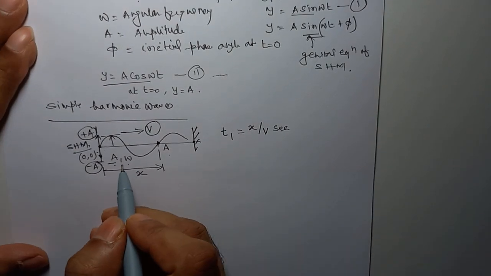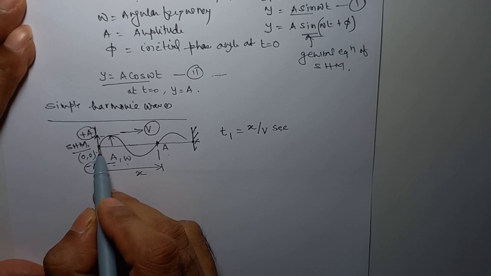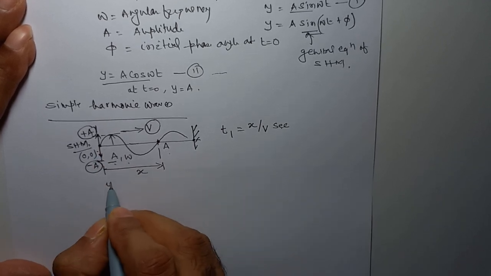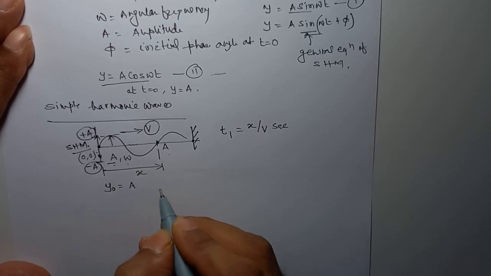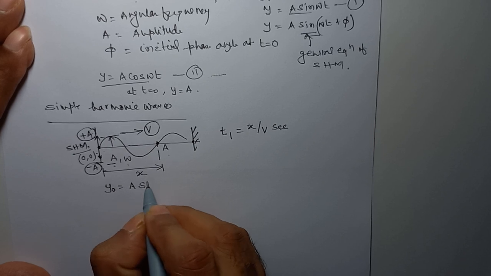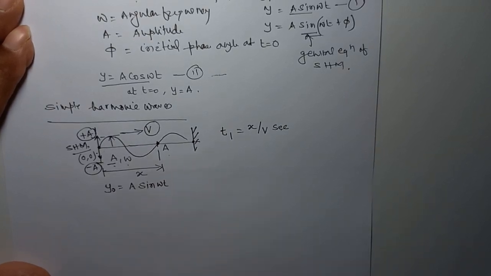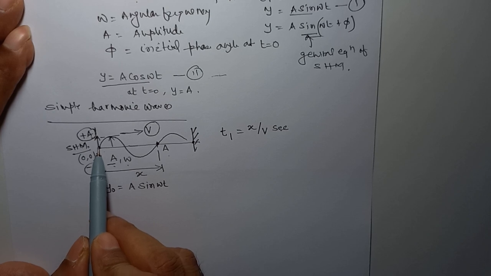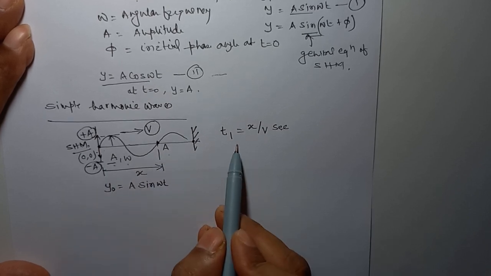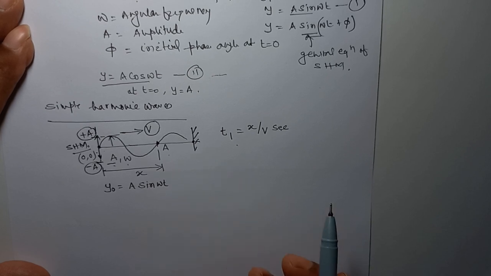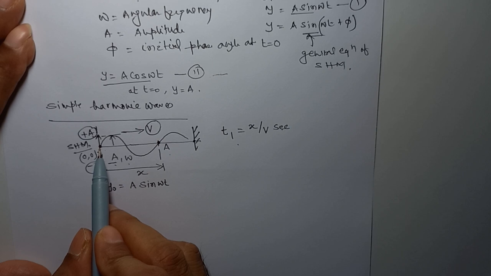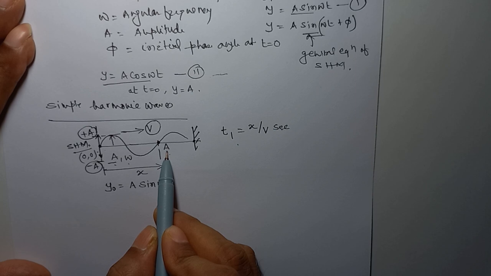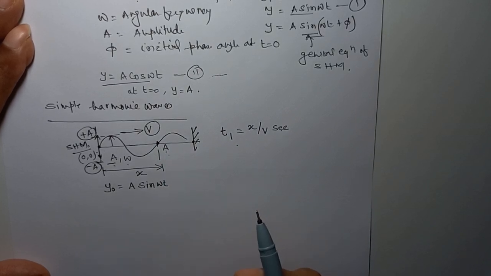So the medium particles oscillating at the origin may be represented as, say, y naught equal to A sine omega t, where A is the amplitude of the wave. This oscillation will reach A after time t1. So during this time, the particle at the origin will be ahead with respect to the particle oscillation at A, say by angle phi.